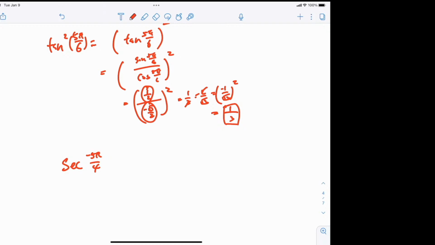I know I got to 1 divided by -1/2. Nope, it's not 1/2. It's 1 over cosine of -5 pi over 4. That was really ugly, I'm sorry. So Tony, what is the cosine of -5 pi over 4?